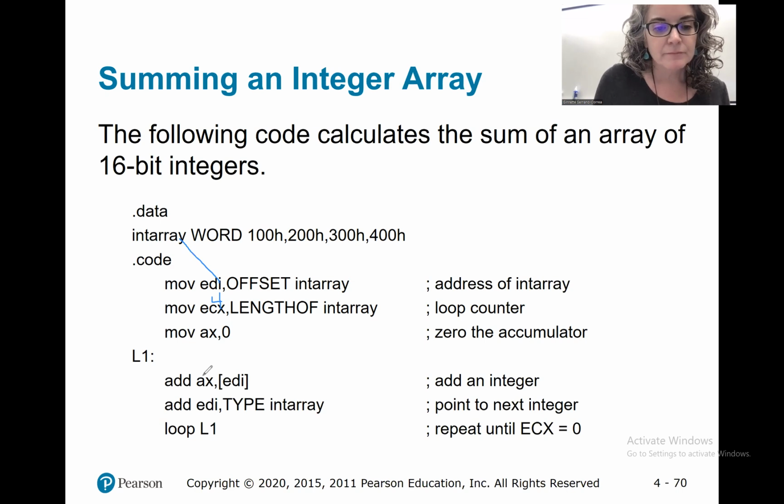Then here we take EDI. So remember, EDI points to int array. EDI with nothing, just EDI by itself is going to give us the first number and it's going to add it to AX. So AX now has 100.